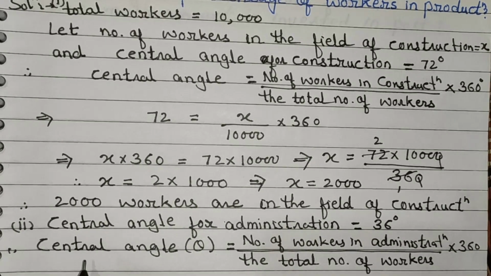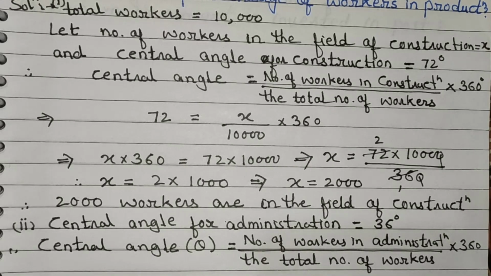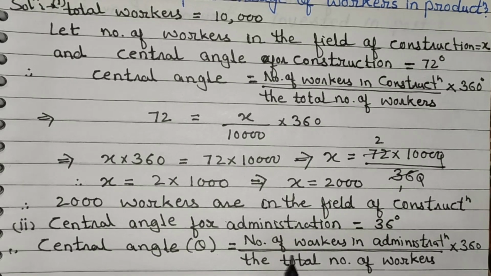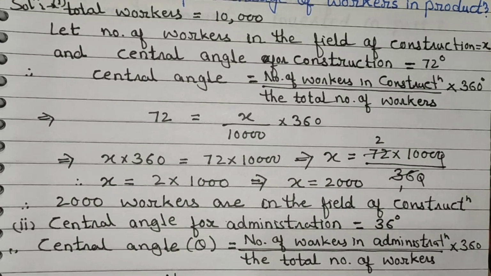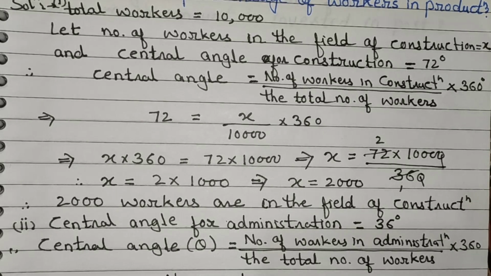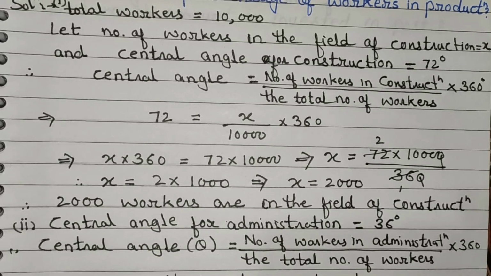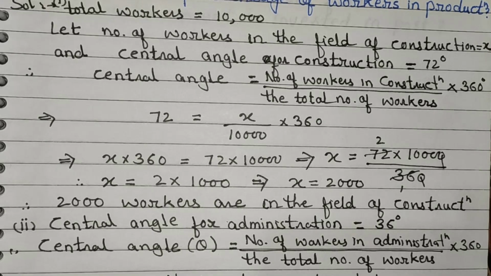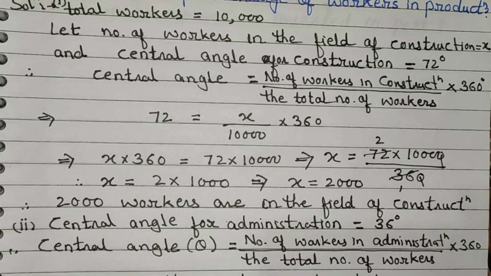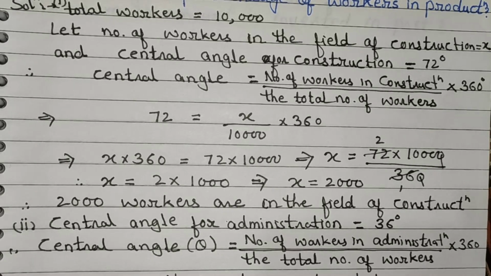Now substituting all the values, central angle here is 36 is equal to number of workers in administration, upon total number of workers 10,000 multiplied by 360.